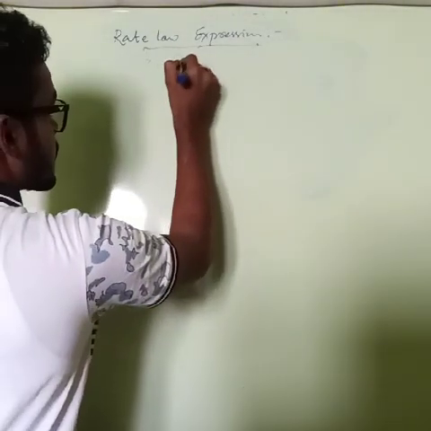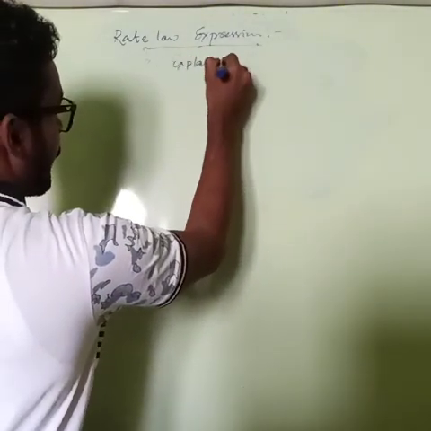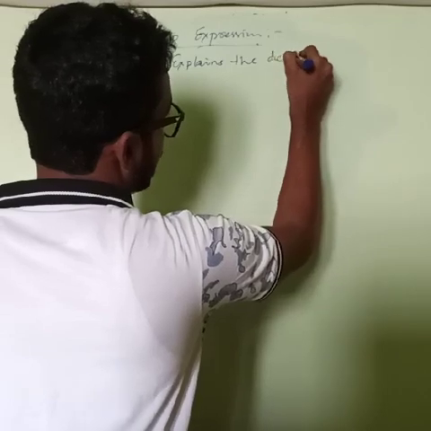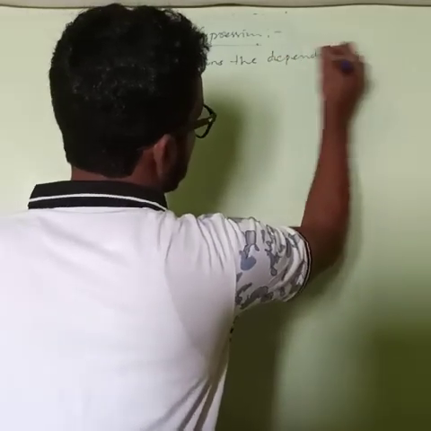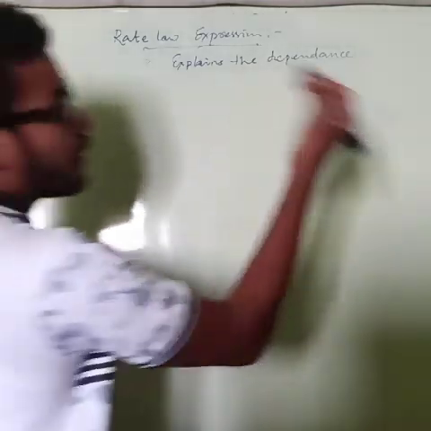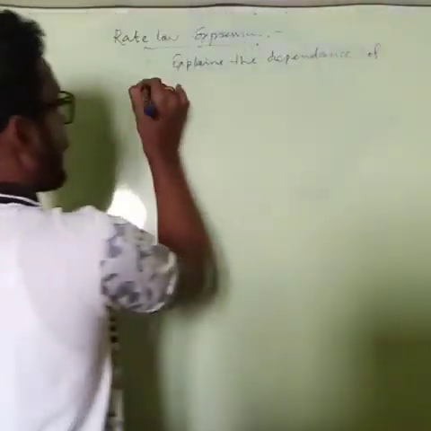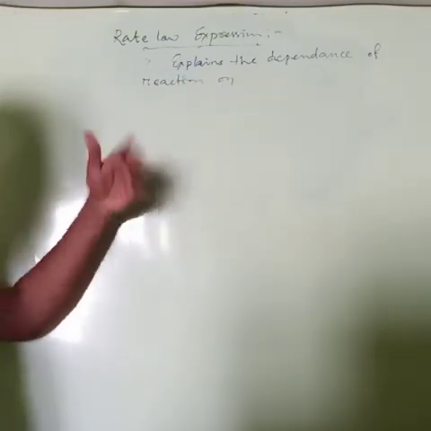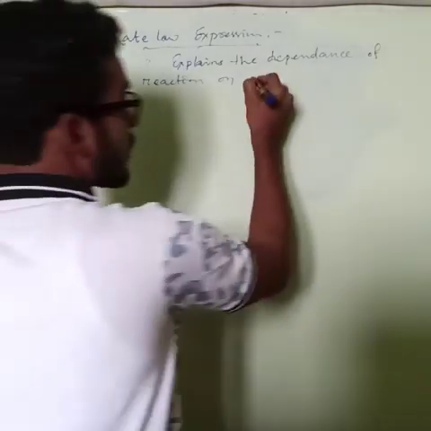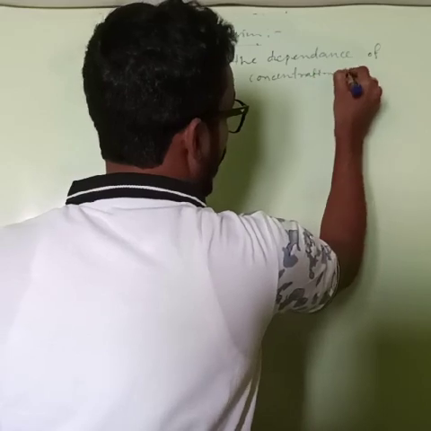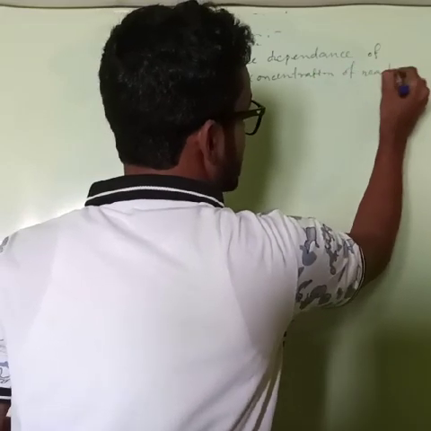Rate law explains the dependence of reaction on concentration of reactant species.